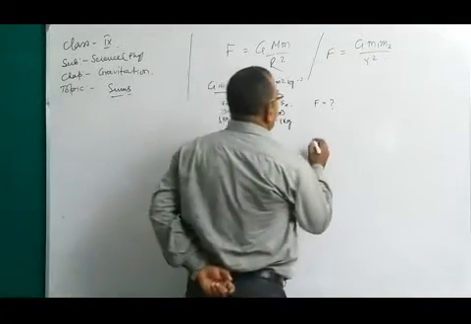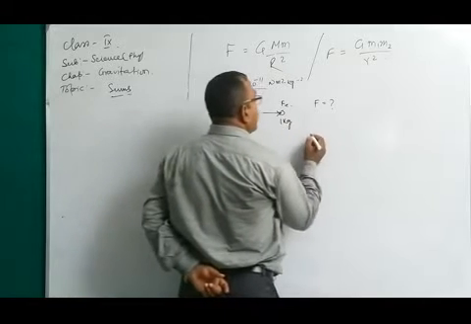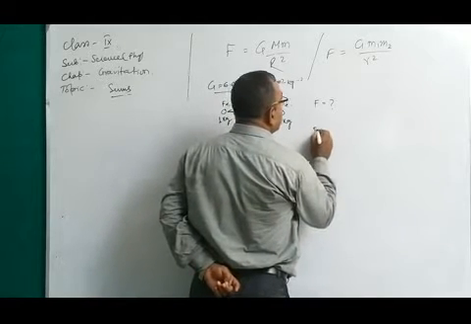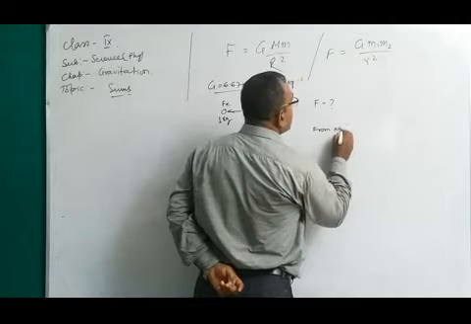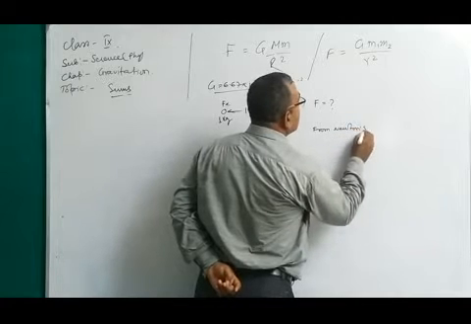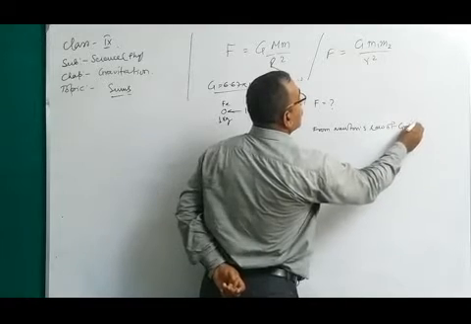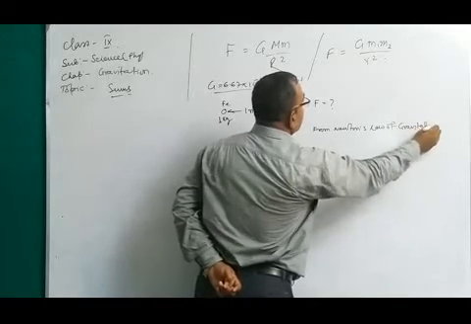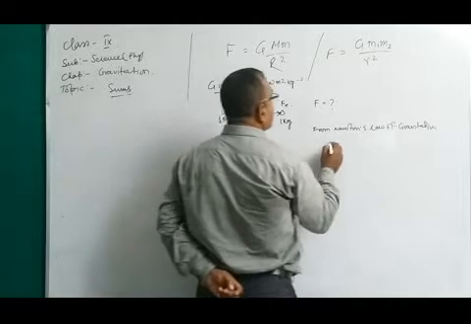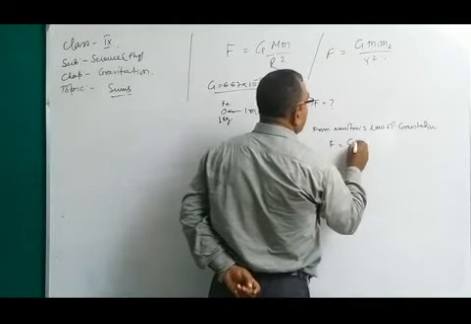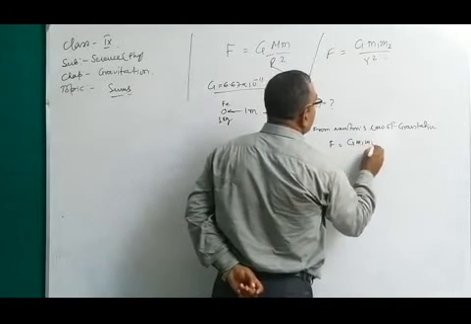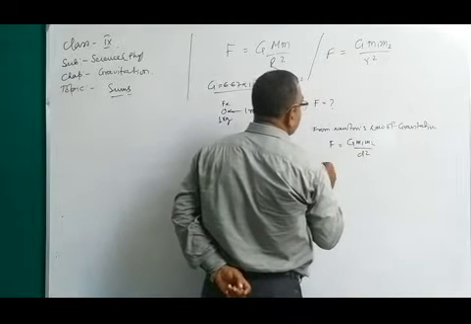So from Newton's law of gravitation, F equal to G m1 m2 by d square.